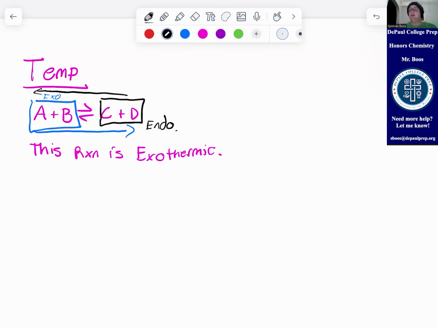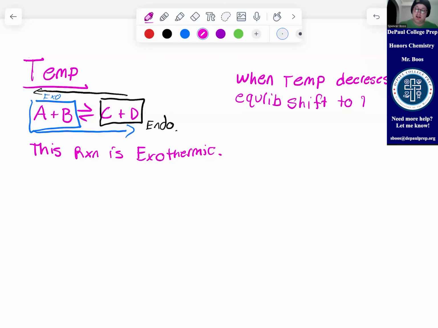So with temperature as a stressor, when temp decreases, or goes down, then the equilibrium shifts to the endothermic side.